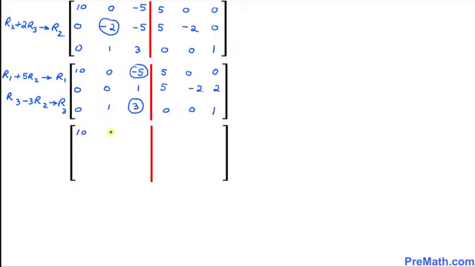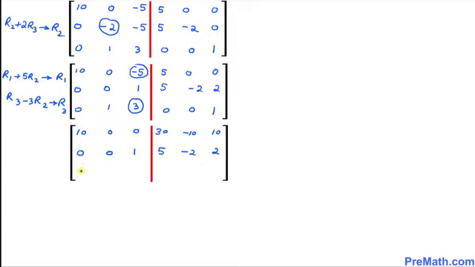Be careful with this number 10, 0, 0, and on this side is going to be 30, negative 10, and 10. And the second row is going to stay the same, 0, 0, 1, 5, negative 2, and 2.